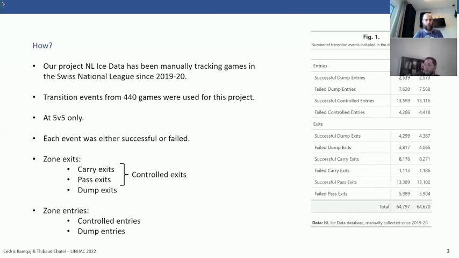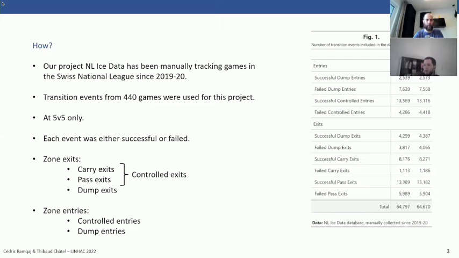For zone exits, we had 3 types of events: carry and pass, which are both considered controlled exits, and dump exit, which is by definition uncontrolled. And for zone entries, we only had 2 types of events: control entries and dump entries. Here we do not consider carry or pass entries; we only have control entries as an event.